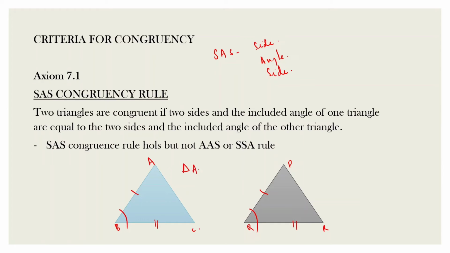Thus we could say that triangle ABC is congruent to triangle PQR. The SAS congruency rule holds but not AAS or SSA. Side, angle, side congruency only holds. Angle, angle, side or side, side, angle is not applicable for proving congruency.